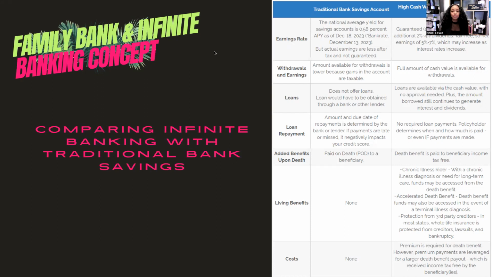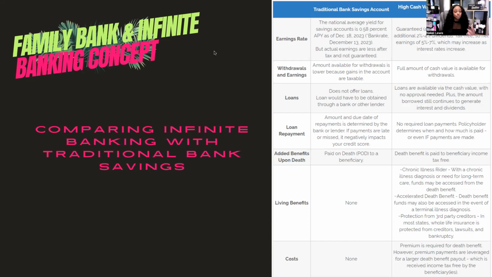When we're talking about the traditional bank, you usually earn anywhere from 0.58%, whereas on the cash value part of the policy, you're looking at anywhere from 2 to 7%, tax free when it comes to the growth in the cash value of that policy. When it comes to withdrawals and earnings, certain money is available to withdraw, but you also have the full amount of your cash value available for withdrawals or loans.